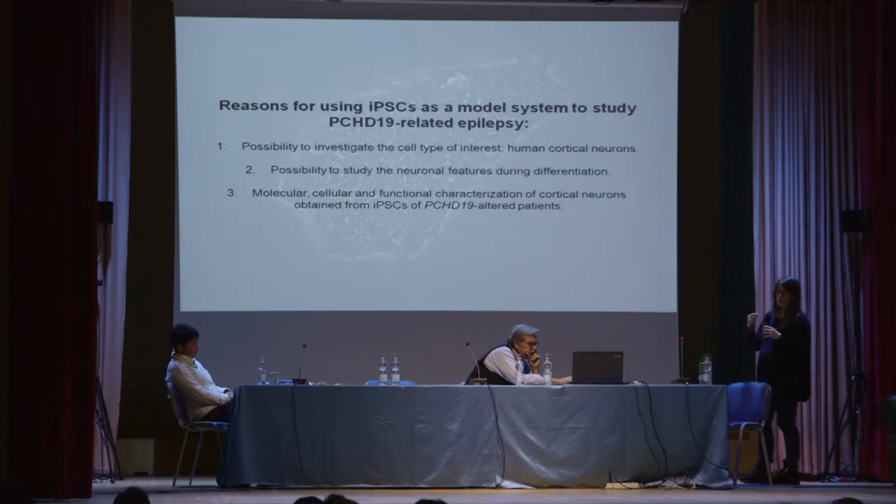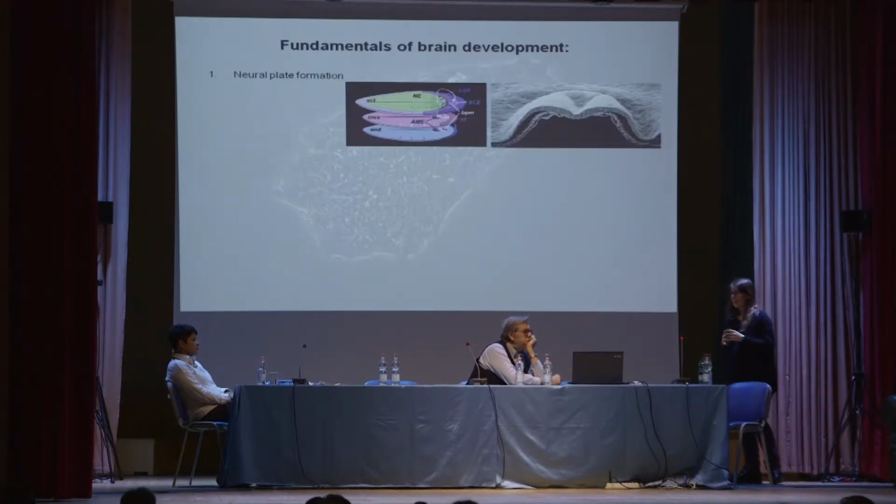One is the possibility of investigating the target neuronal type of the condition, that is human cortical neurons. Then the possibility of studying the cellular and neuronal characteristics during differentiation, and naturally also the possibility of observing the characteristics of the cells and of these neurons in cells that were taken from patients.